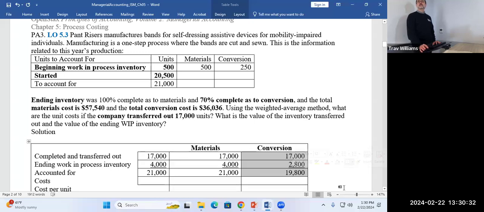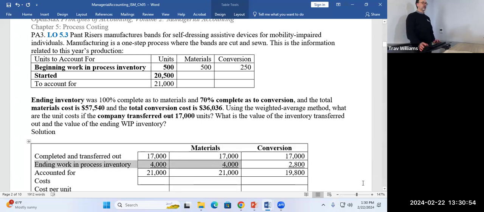Okay, that right there is the tricky part. So does anybody have any question about why it's 2,800 or why it's 19,800? Any question? Yes. So we took the 4,000 units that are in ending work in process inventory.